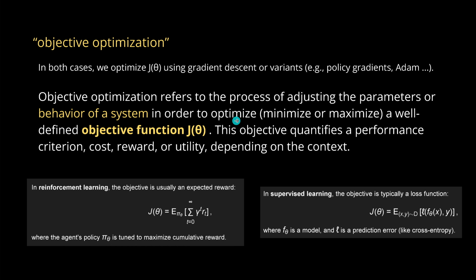This objective quantifies a performance criterion, cost, reward, utility, depending on what you want. For example, in reinforcement learning, we had a reward function. In supervised fine-tuning, we go with a cross entropy in the loss function.